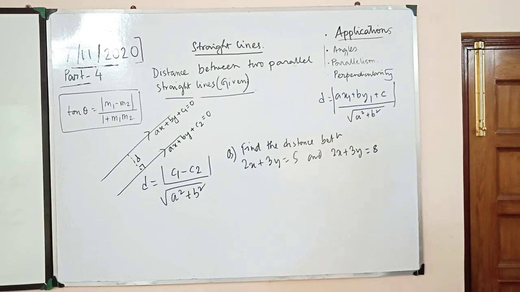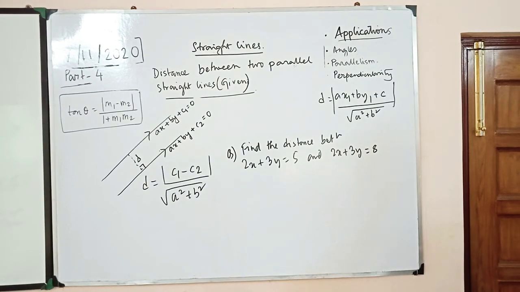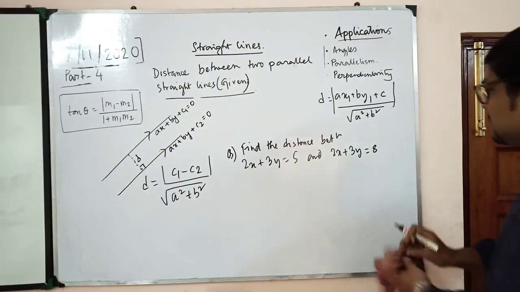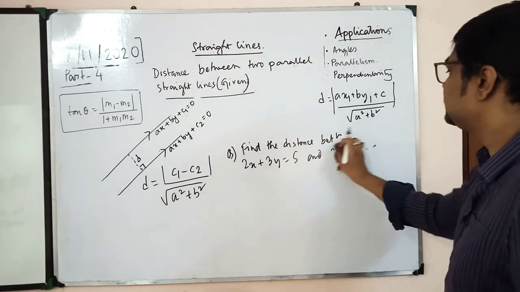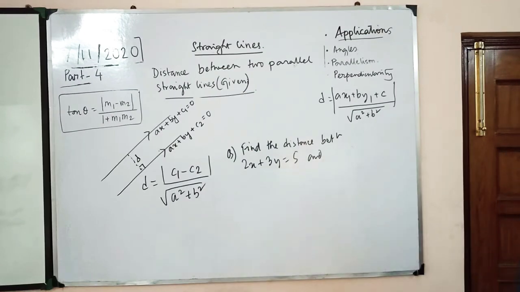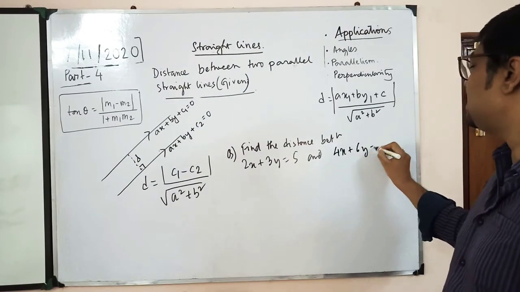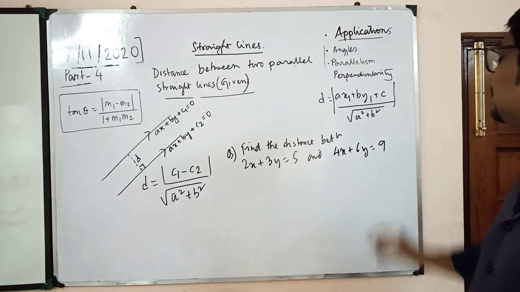Okay. So now, or I will give you a little different equation, which will be something like, say, 4x plus 6y equals to 9.